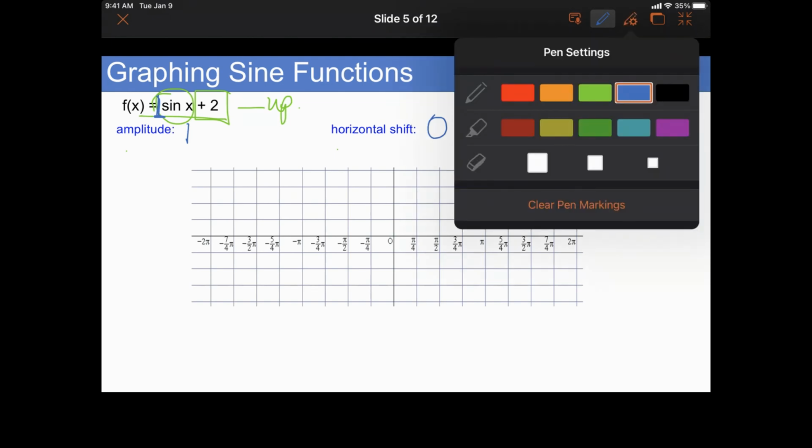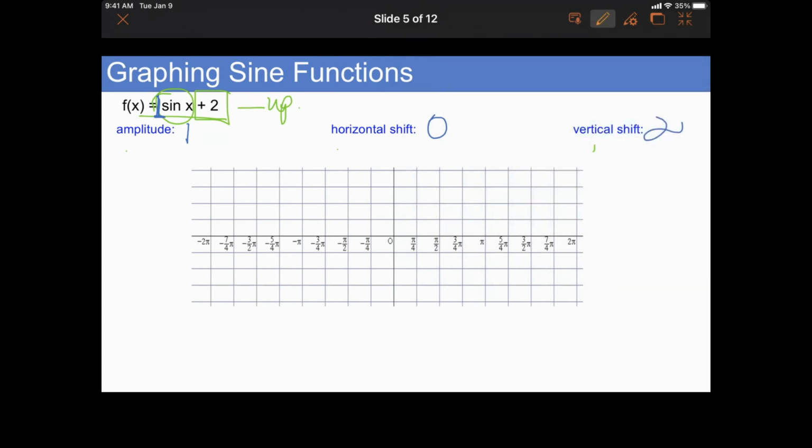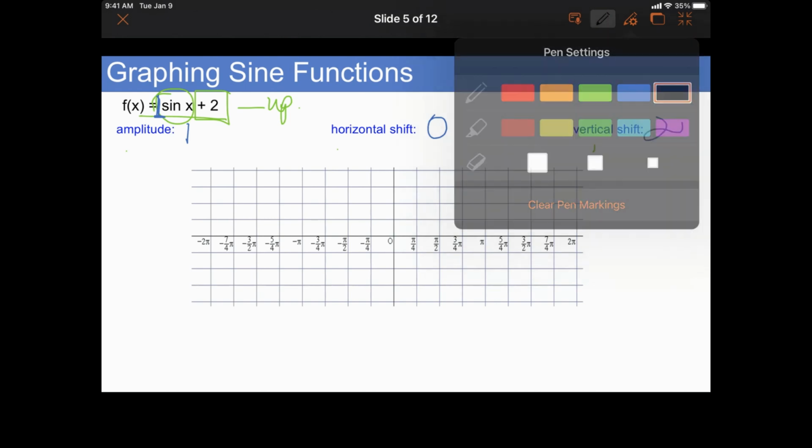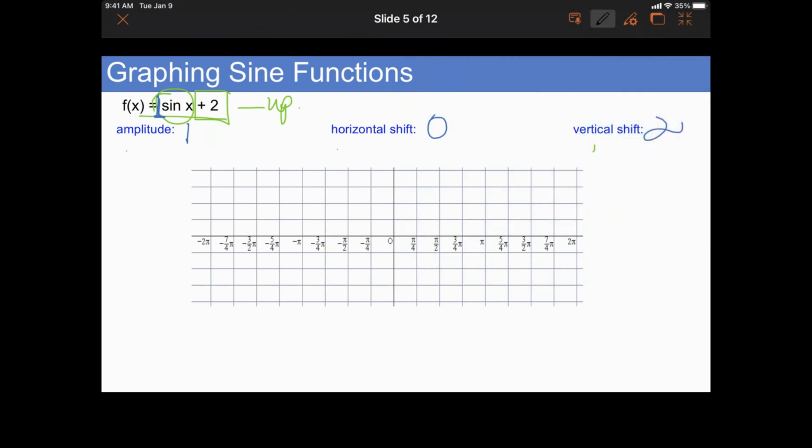And so we're going to graph the parent function first. Okay, so let's practice how we do the parent function. So first of all, I'm going to put 1 here. And you're like, why are you going to put your 1 here this time? Because I have to move it up 2. So this is going to be 2 and 3 and 4. So it'll give me space to move.